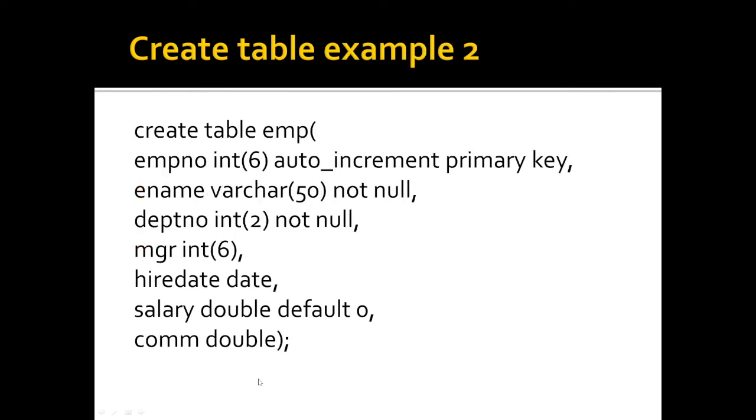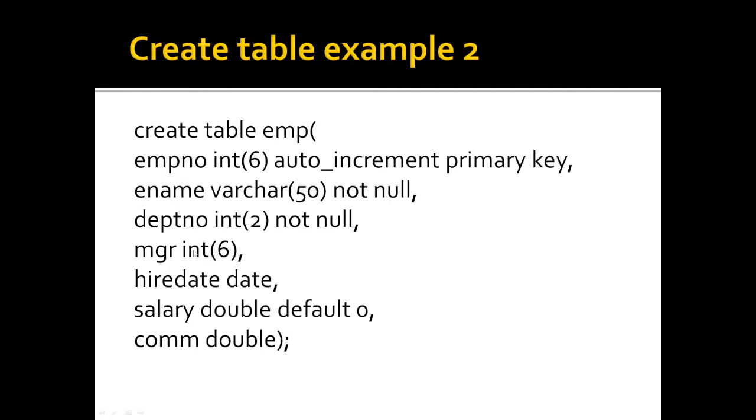Then here's another example to create a table. This time we're adding some parameters. Create table followed by the name of the table, emp, open, and then empno integer 6, auto increment primary key. And then ename varchar 50 not null. That means we should always place a name. Department number integer 2 not null, so we should always place a department number. mgr integer 6, so we don't have not null here.